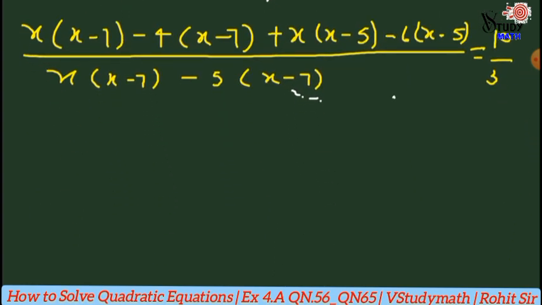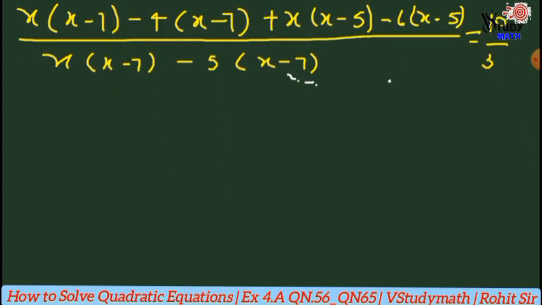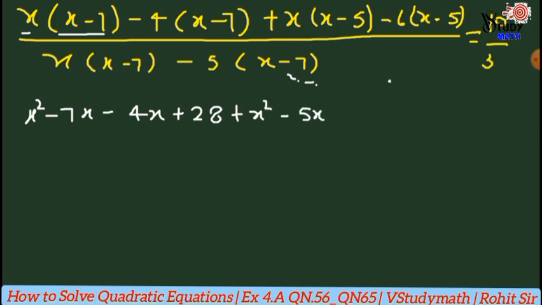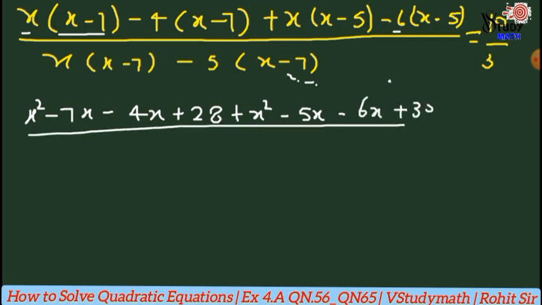Now multiply x in this bracket, then we have x square negative 7x negative 4x positive 28 positive x square negative 5x negative 6x positive 30 upon x square negative 7x negative 5x positive 35 is equal to 10 by 3.